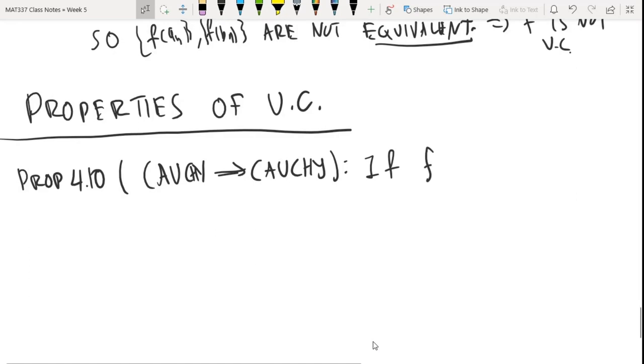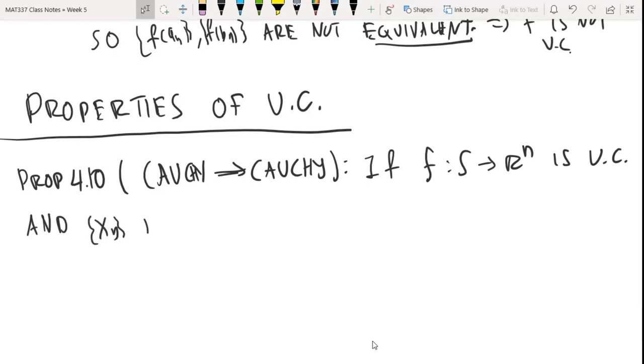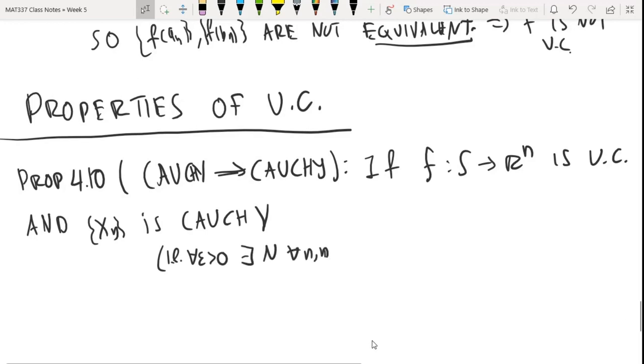If f is UC and xn is Cauchy, so let me write quickly what it was, i.e. for every epsilon positive, there exists n, so that m bigger than n implies xn minus xm is less than epsilon.